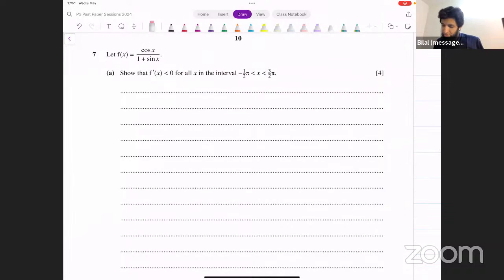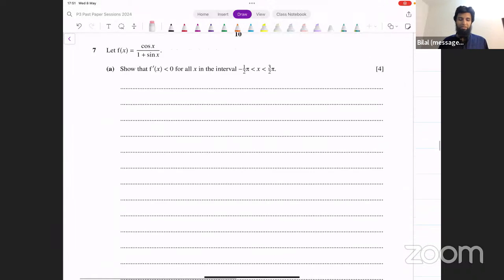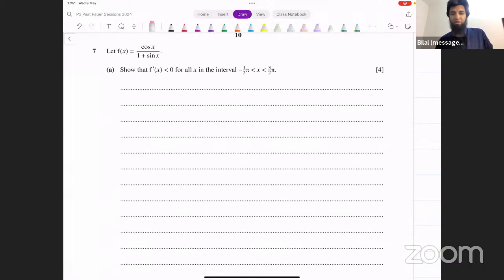Okay, so what other problem do you have from this paper? Let's have a look at the next one now. Question number 7. Show that the derivative is less than 0 for all x in this interval. All right, let's have a look at this as well. It says we've got this function.